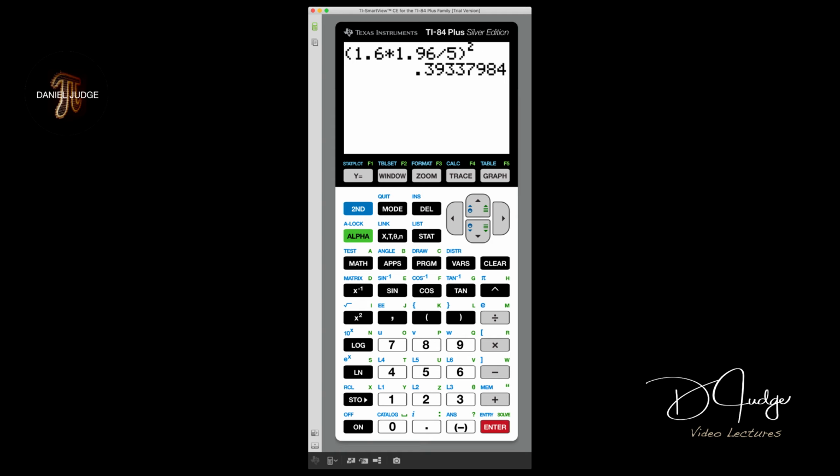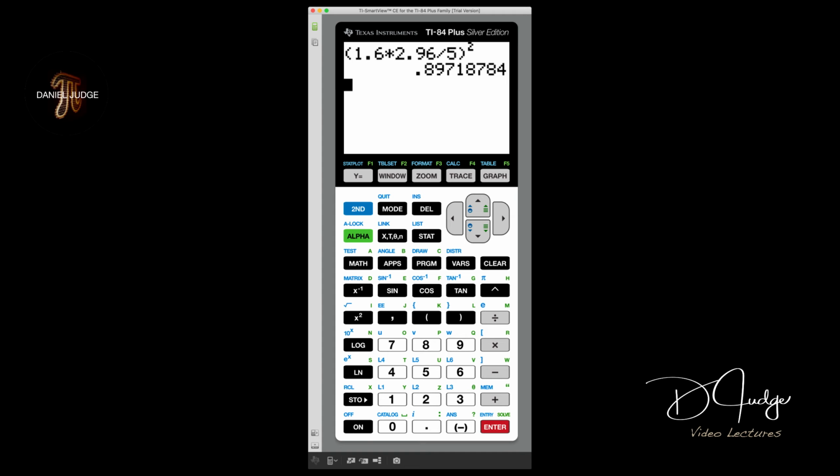Let's try this again. Bad example. 1.6 times 2.96, divided by 5, now square that. What do we get?